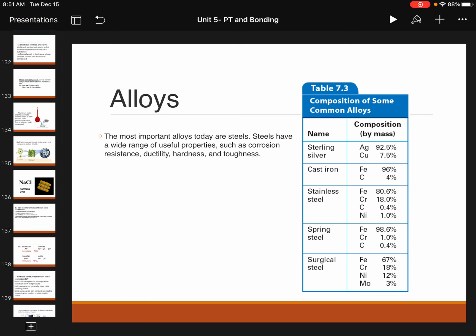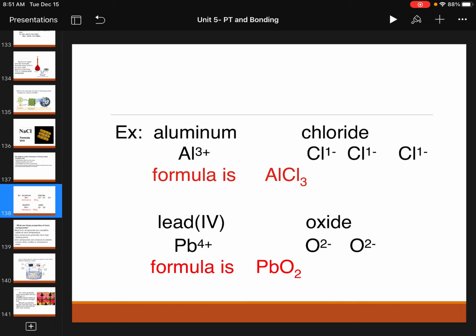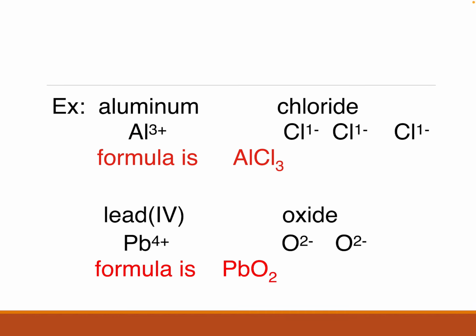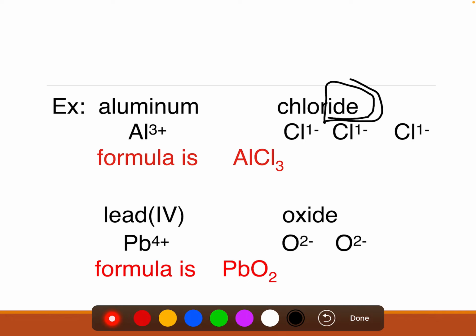That is the end. So the main thing to remember here is with your naming and writing of binary ionic compounds, you always just say the name of the first atom first, and then you say the name of the second atom with the IDE ending. The negative part always gets an IDE ending, notice.